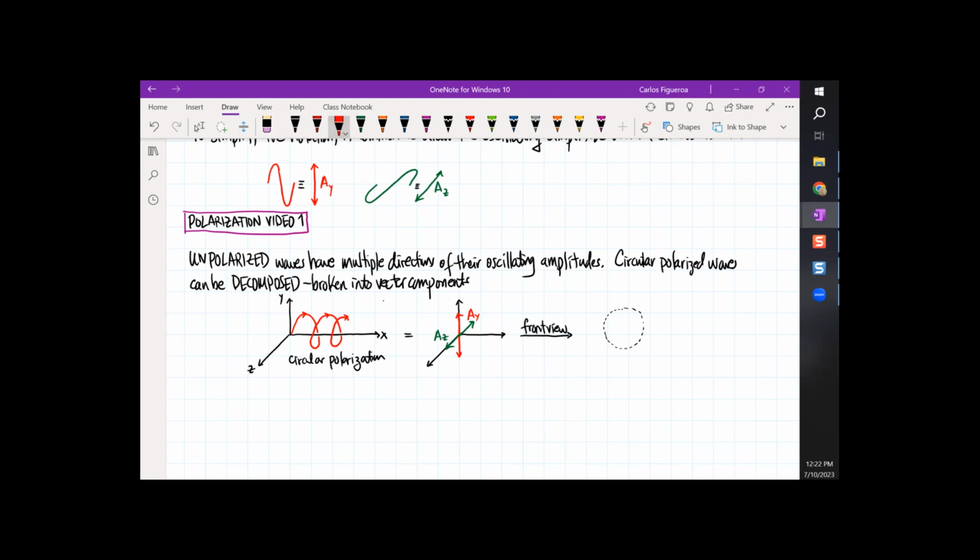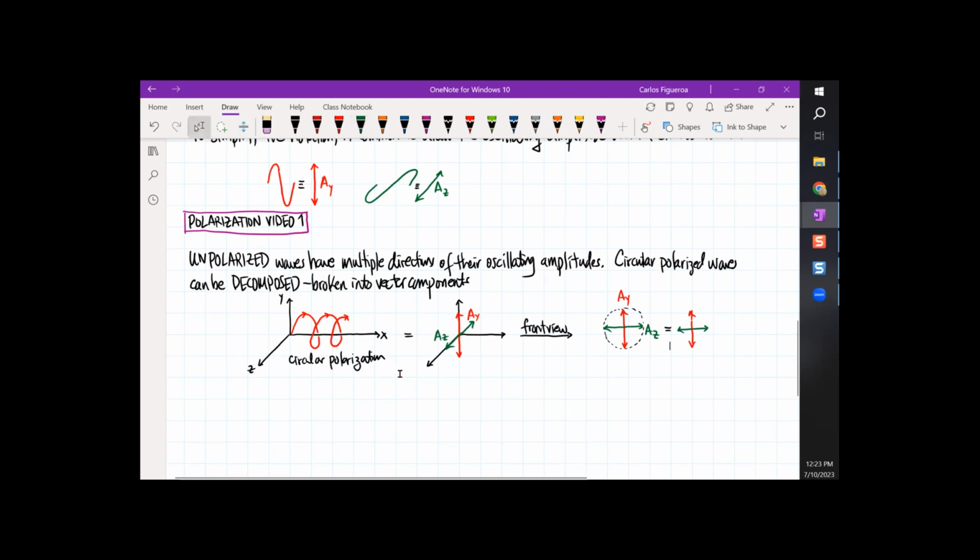And the front view then looks like this here, where this is AY, and of course this is AX or AZ. But the way we draw it is that we drop all of the notation and just say that this is a mixture of polarizations, of two polarizations.